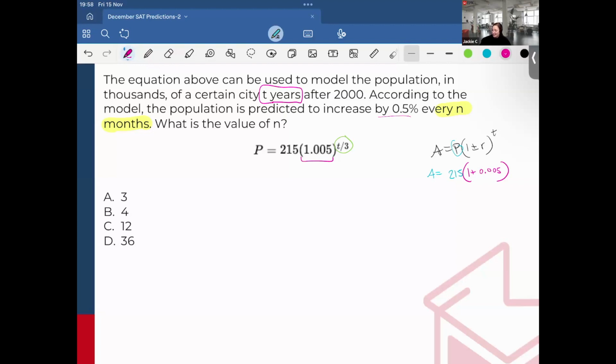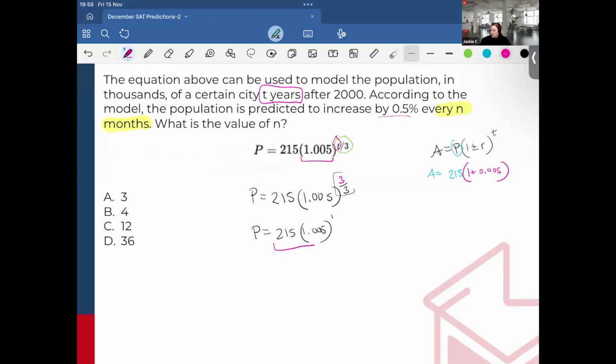So in this case, if I put in 3 for t, what does that look like? This would be 215, 1.005 raised to the 3 over 3. So when I do this, the model becomes 215, 1.005 raised to the 1.